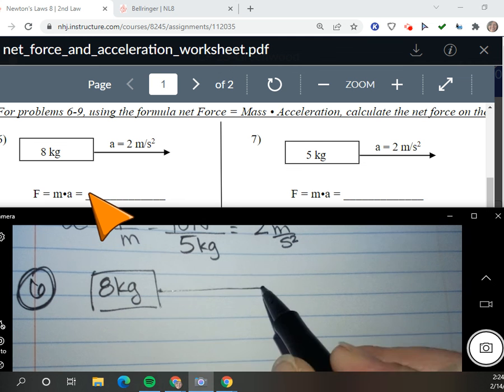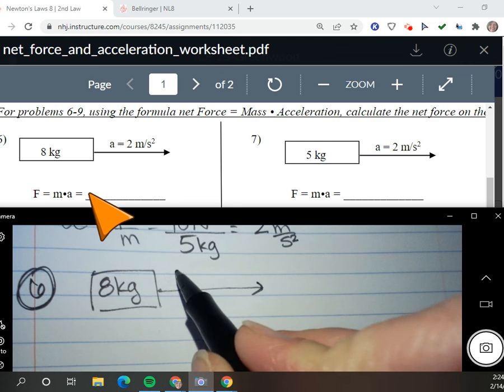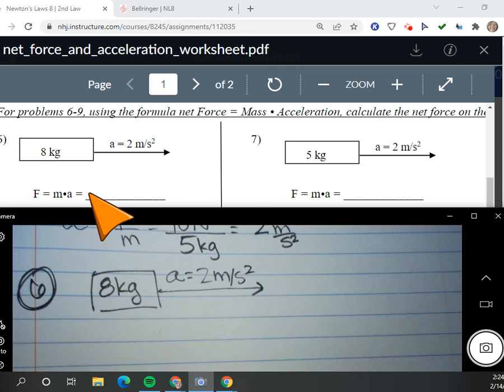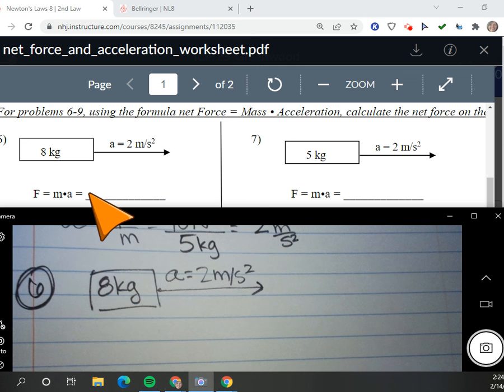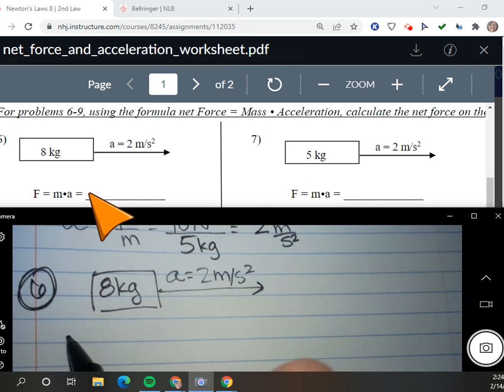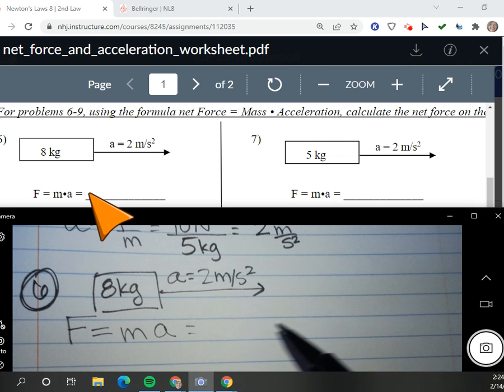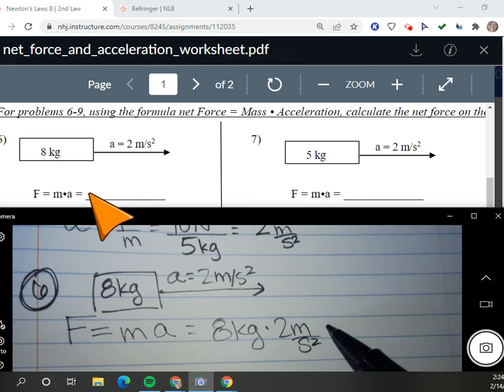We know there has to be a force on it because it is accelerating at 2 meters per second squared, but we don't know what the force is. So we're going to just straightforwardly use our formula. Force equals mass times acceleration. So 8 kilograms times 2 meters per second squared.